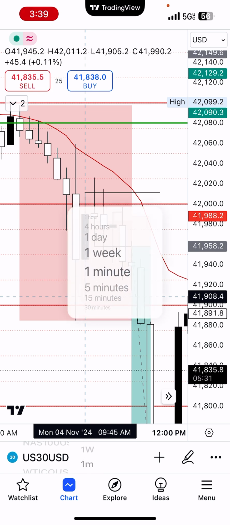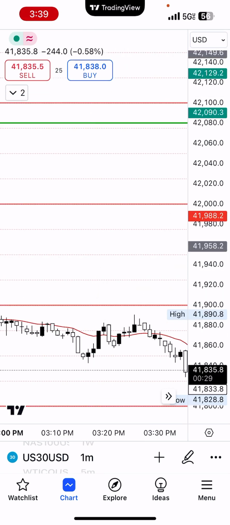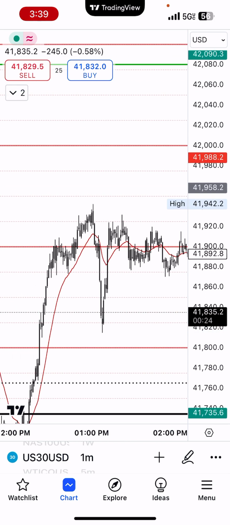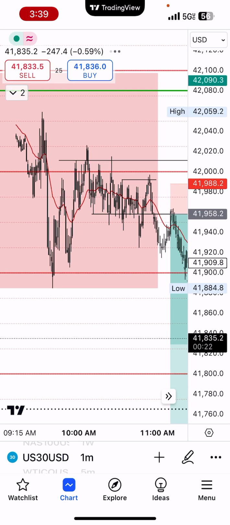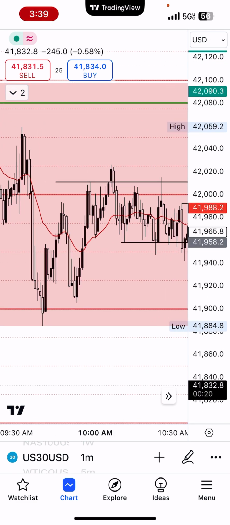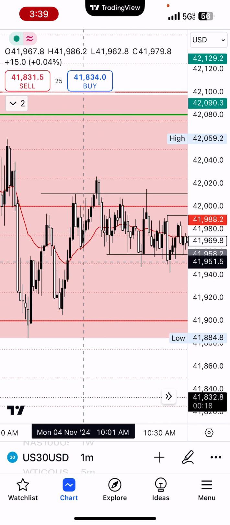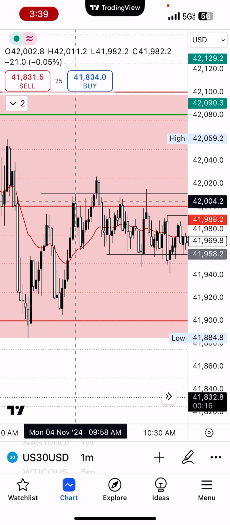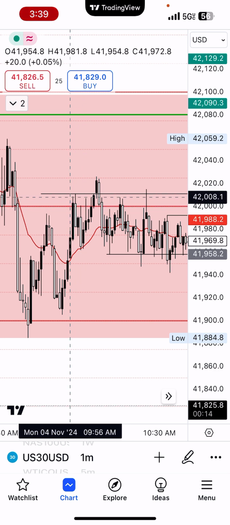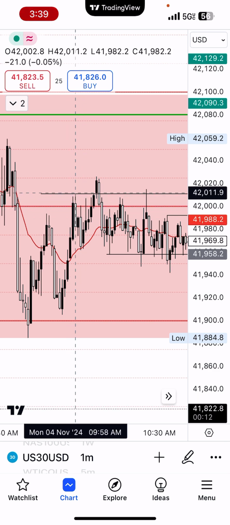If we drop down to the 1 minute, which is where I normally look for my entries after a 15-minute pullback, this horizontal line right here is the top of the 15-minute pullback candle.